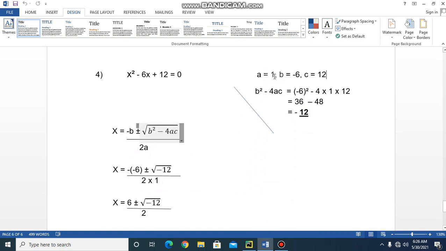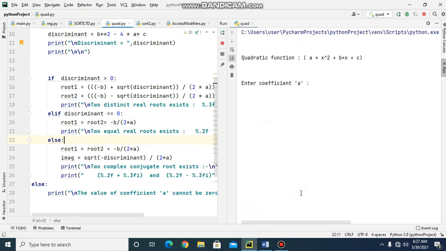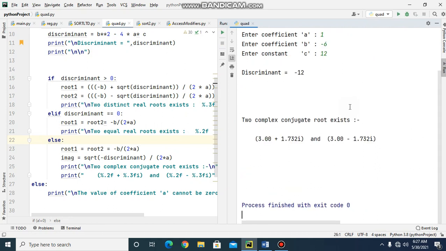Here coefficients are 1, minus 6 and constant is 12.